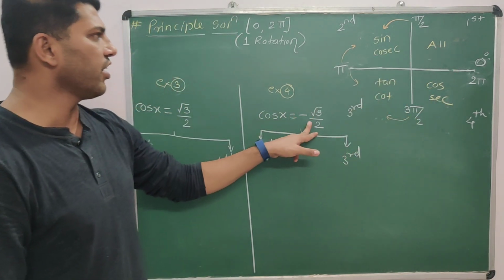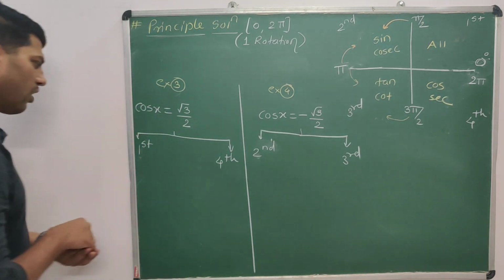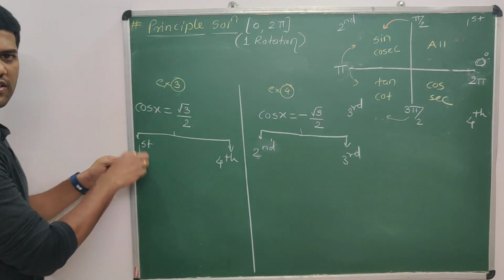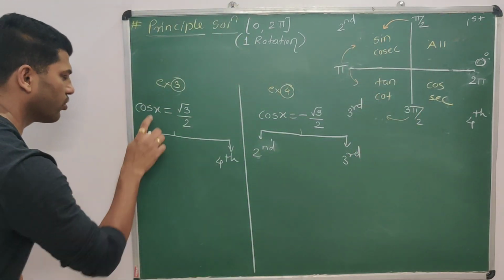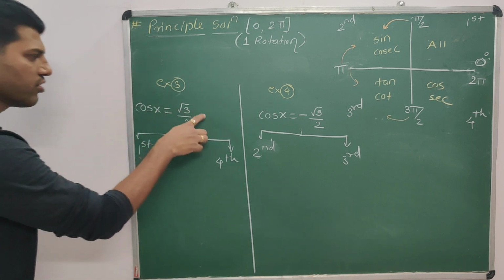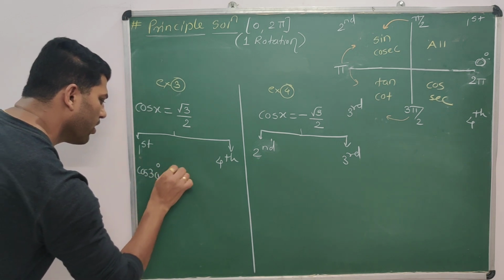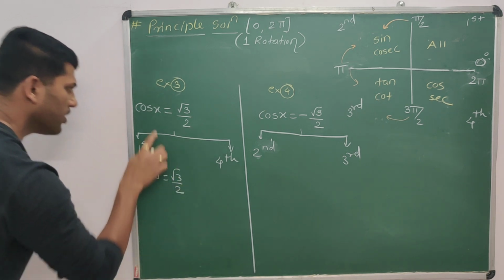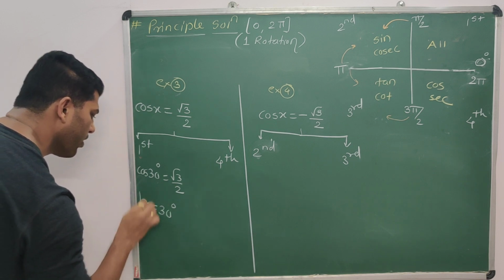If cos is negative, the solution lies in the second and third quadrants. Now, as far as the first quadrant is concerned, everyone knows the values from 0 to 90. So you know that cos of 30 degrees is root 3 by 2, means the first solution is 30 degrees.